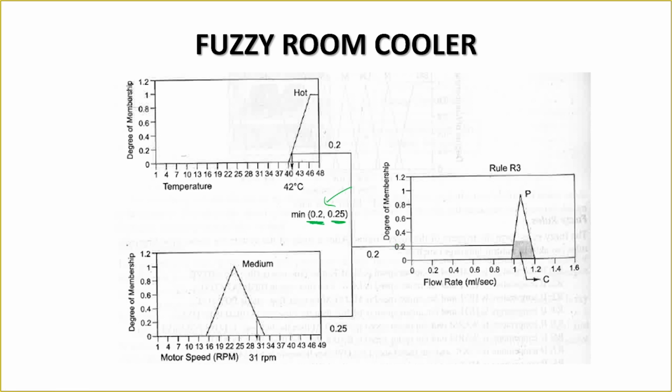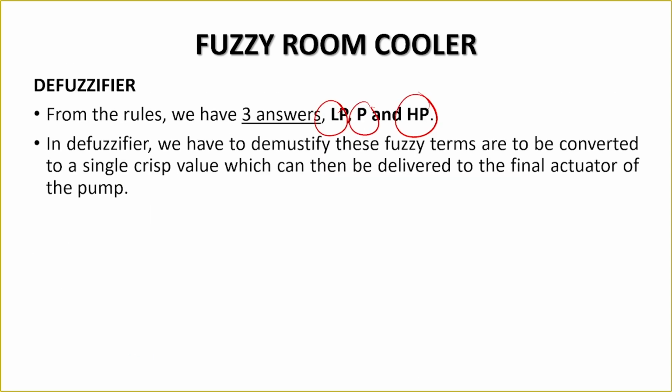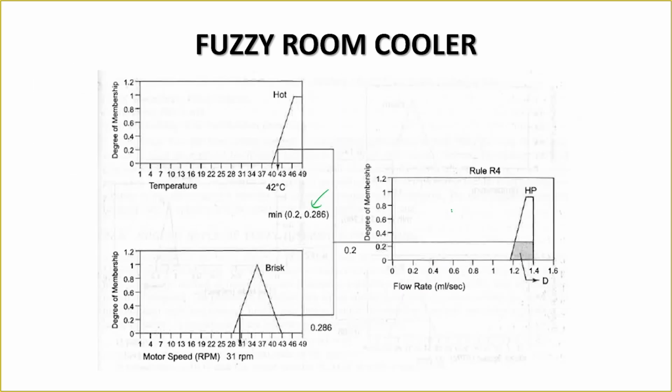Remember, from two domains, two parameters of temperature and speed, finally we decide the flow rate. So 0.2 is around here. Then the second one is 0.2 and 0.286, and again we try to find the minimum. So then we have this.